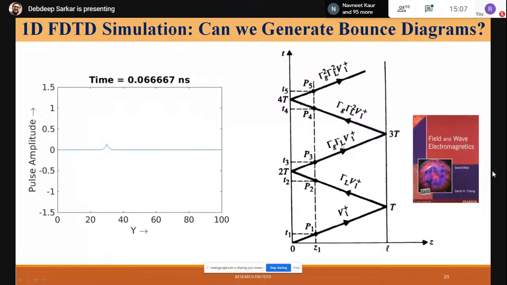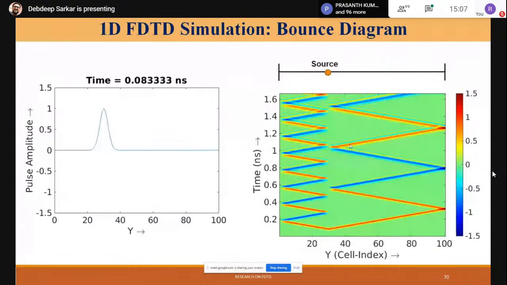So the reflection coefficients gamma L and gamma G come in over there, and it gets squared up. Since I already told you about the transmission line, we can use the same bounce diagram to visualize this electric field in our case, which can be a voltage. So I plotted that.